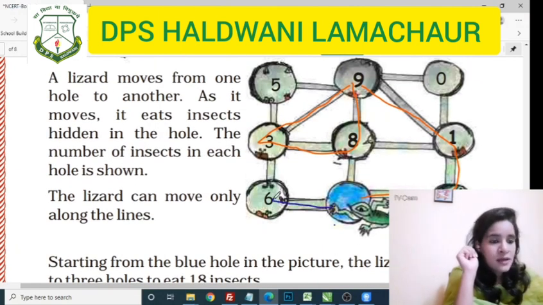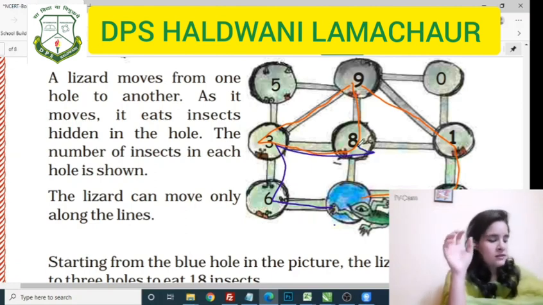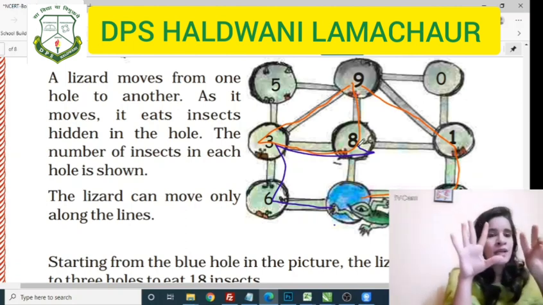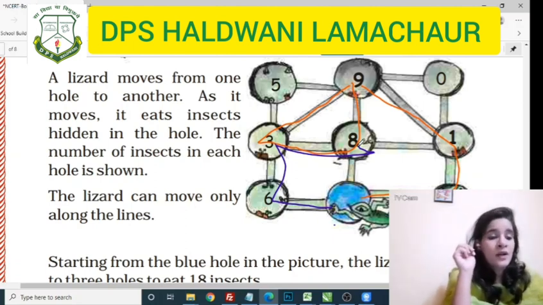So first plus 3. 6 plus 3: 6, 7, 8, 9. Can go to 8, 9. Let's open 8 fingers: 9, 10, 11, 12, 13, 14, 15, 16, 17. But we have to make 18. 17 plus 1.